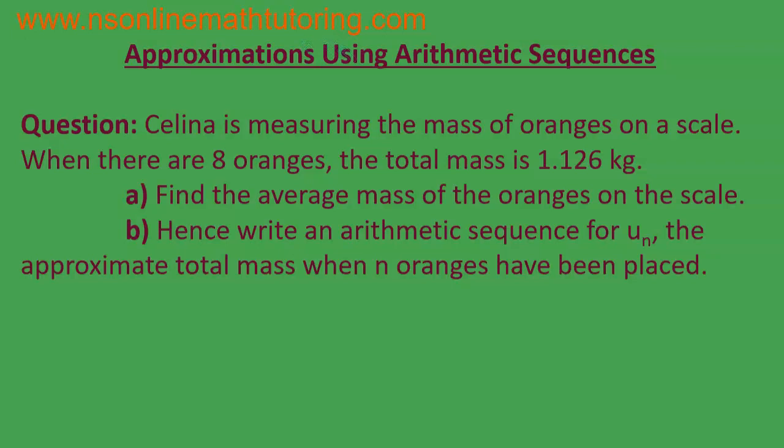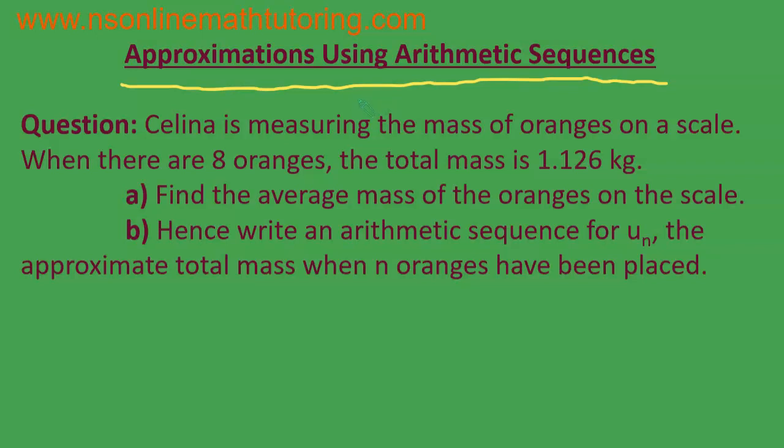Okay. Now today's session is on approximations using arithmetic sequence. What does this mean? We know for any arithmetic sequence, there is a common difference between the consecutive terms, right? But in many real life situations, you'll be seeing that the difference between the consecutive terms is almost the same, but not exactly the same.